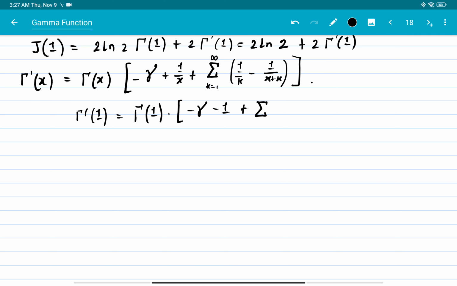It may be something called the digamma function. So maybe I could be wrong, so you can check it out by googling or Wikipedia.